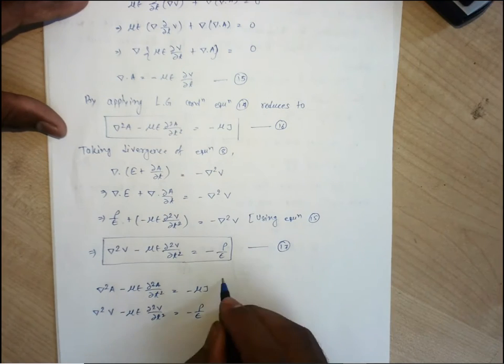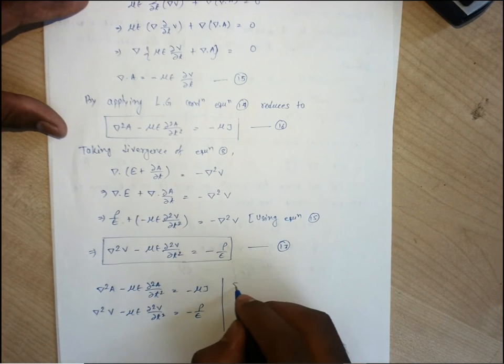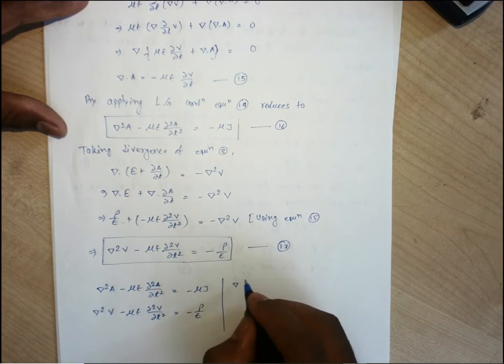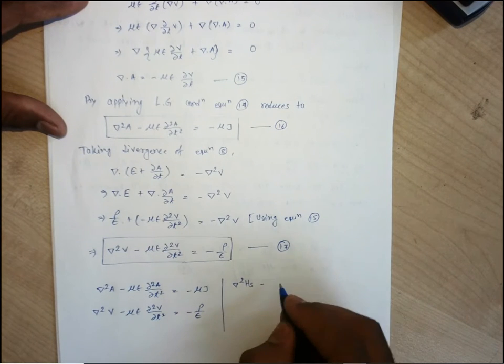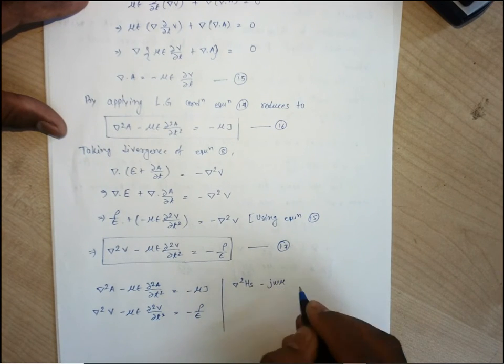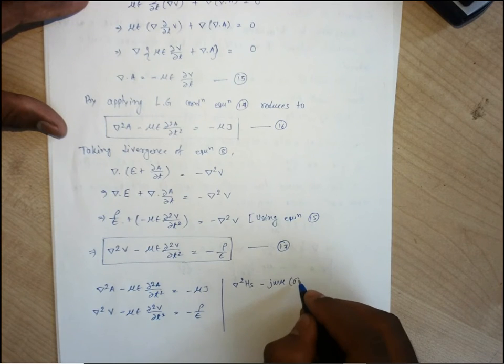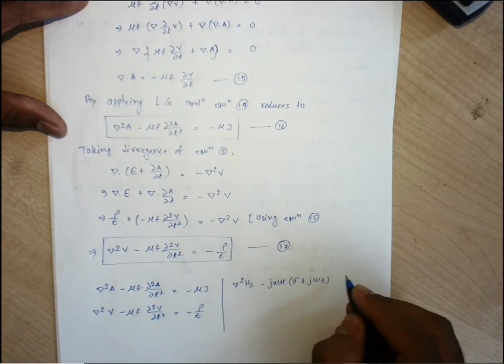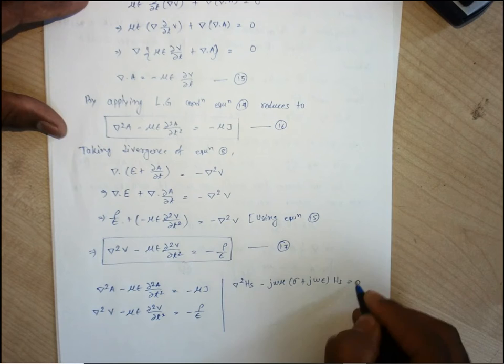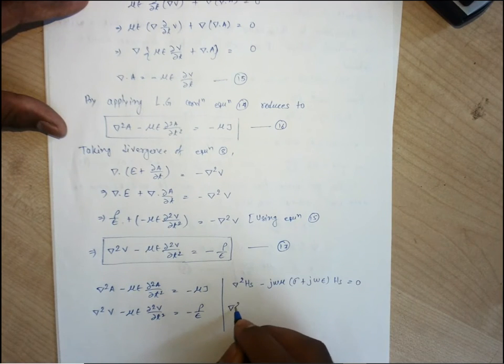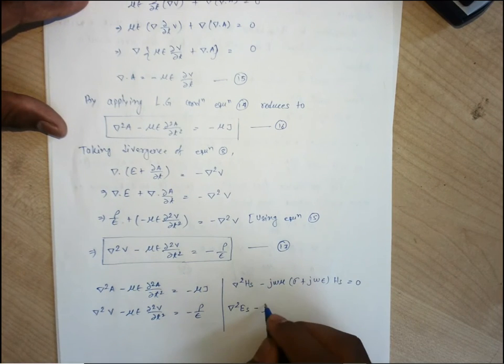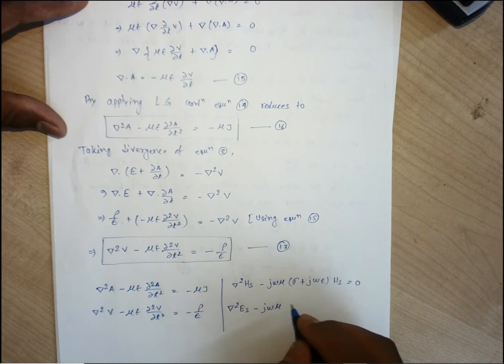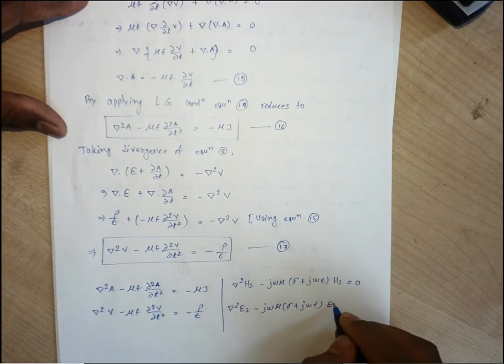So if we look into our wave equation, those were in phasor form, that is del square Hs minus j omega mu sigma plus j omega epsilon Hs is equal to 0. Del square Es minus j omega mu sigma plus j omega epsilon Es is equal to 0.